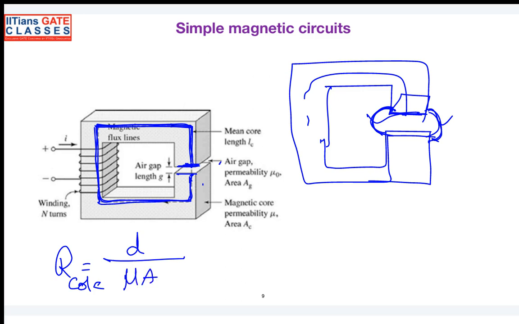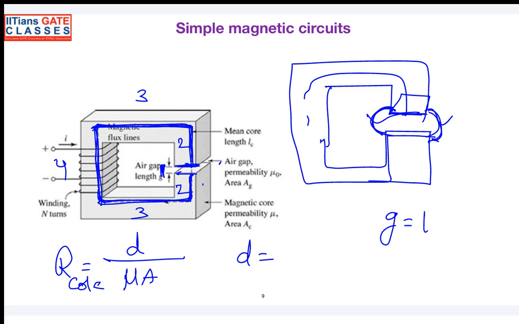I will give a simple example. Let us say from here to here there is 3 meters, here there is 4, and here to here there is 3, the air gap is 1 unit, and this one is 2, and this one is 2. Can you tell me what the mean length of the core is? The length of the air gap is straight, 1 unit.